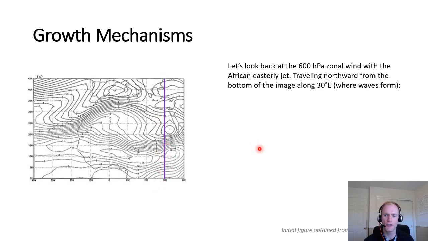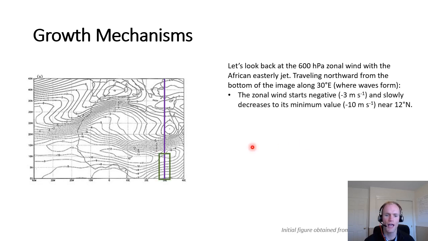And in this particular region, let's consider a trek northward. So let's start at the equator, in the equator to 10 north region here. And in this case, the zonal wind starts as a small negative or easterly value of around 3 meters per second. And we cross contours to our maximum easterly value of about minus 10 meters per second near 12 degrees north.